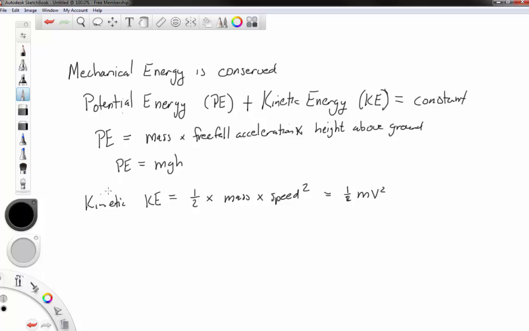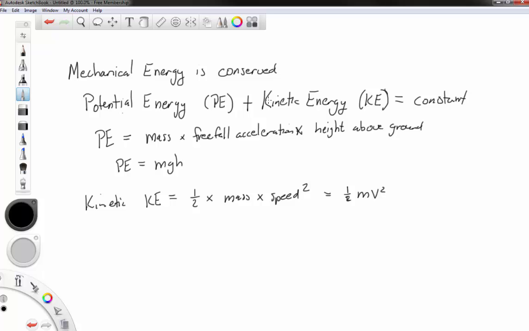So how does this let us answer the question? Well, both stones are thrown from the same initial height, and both stones hit the ground. That means both stones initially have the same potential energy and finally have the same potential energy. So the change in kinetic energy for the first stone and the change in kinetic energy for the second stone has to be the same.